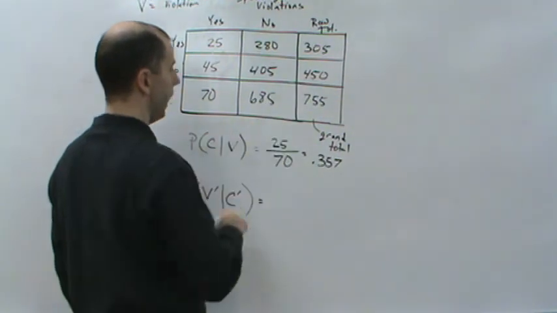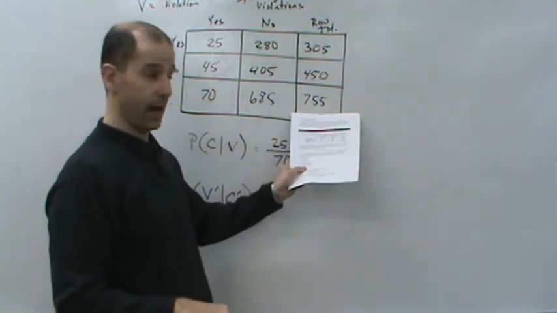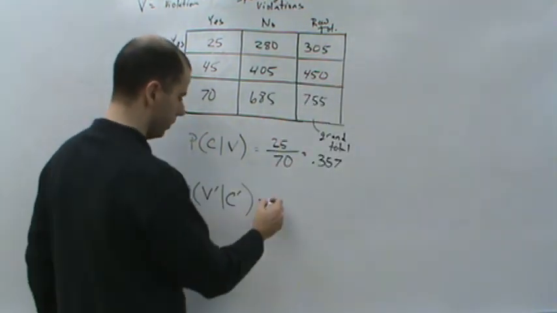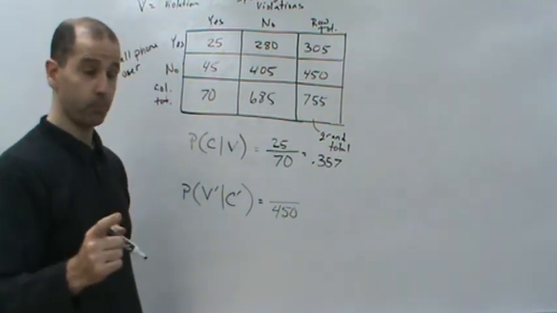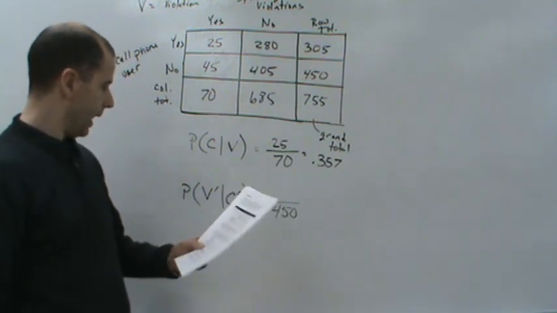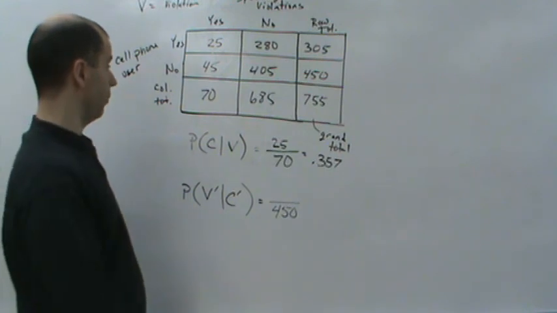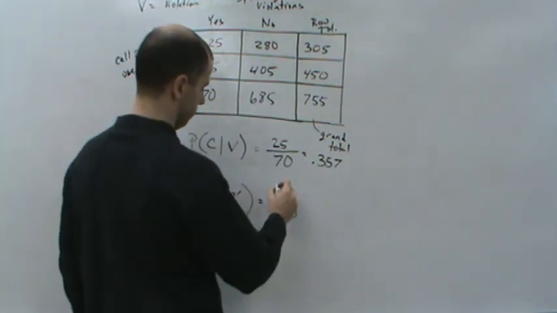Okay? So now, what happens to our sample size? It goes from 755 to 450. Okay, so now, out of the 450 people who are not cell phone users, how many of them have not had a moving violation? Well, 405.